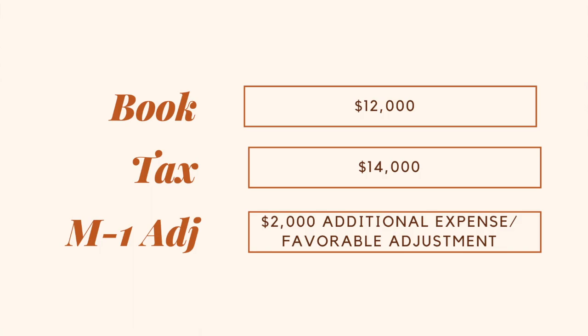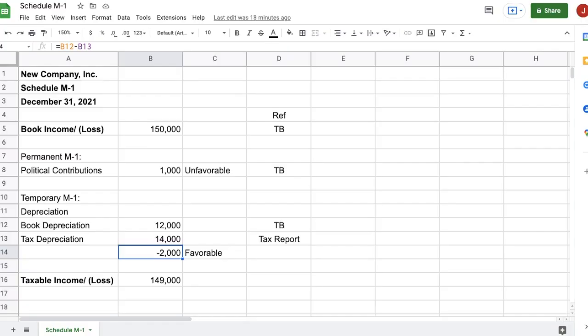So book is only saying that there's only $12,000 in depreciation, but for tax depreciation, the expense is greater by $2,000. Therefore, it's favorable by $2,000, the difference of book and tax. How we treat depreciation for book purposes is not always the same for tax purposes. And I will say here in this example, we're assuming that there is no bonus being taken for tax purposes.